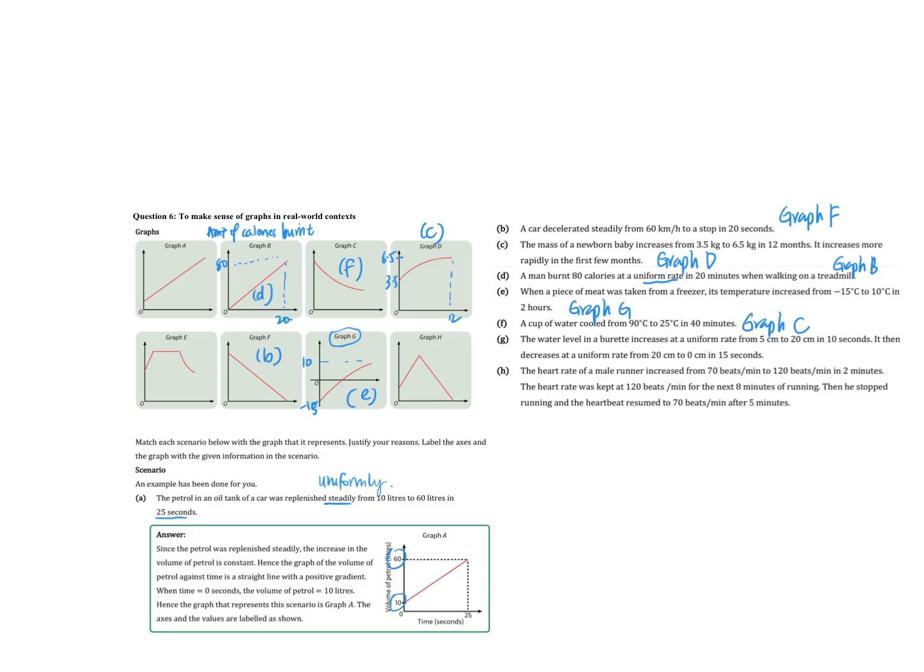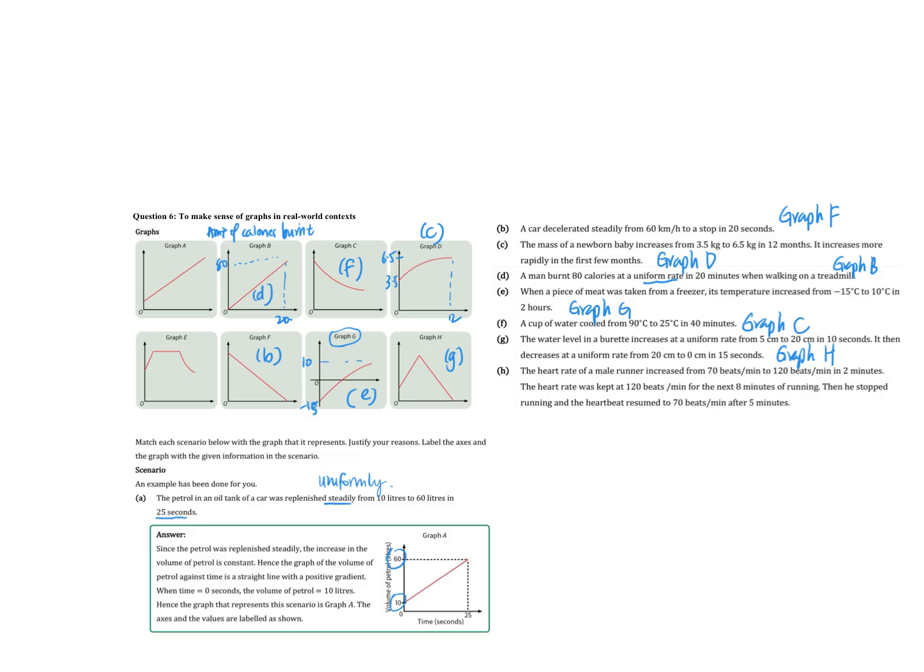Okay, water level in a burette increases at a uniform rate from 5 to 20 in 10 seconds. Then decreases at a, this one, right? Has to be this. Graph H. Last one, heart rate increases from 70 beats to 120 in 2 minutes.